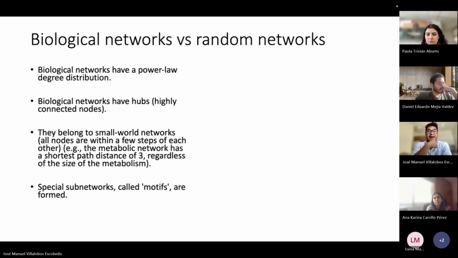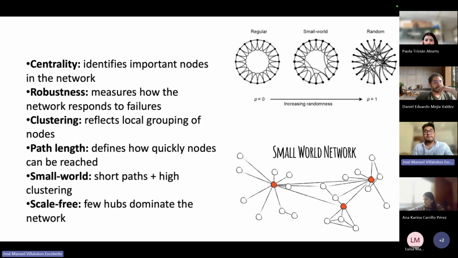Another particular thing in biological networks is that we have some regions that are able to activate other regions. Here I am summarizing many properties of biological networks. Centrality identifies important nodes in the network, describing hubs. Robustness is how resistant the network is to changes if we remove something.